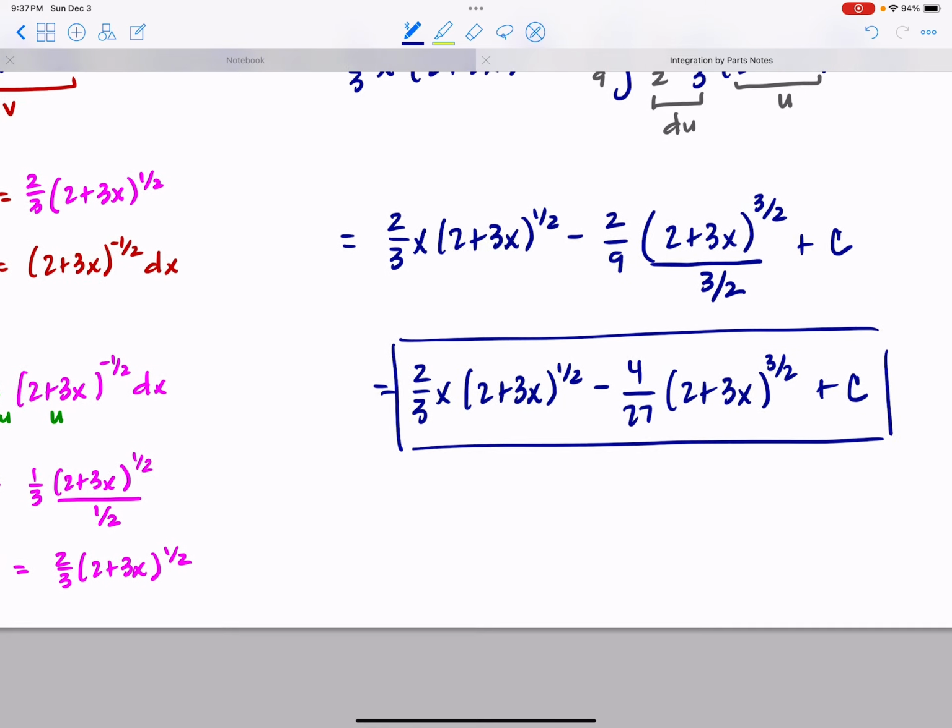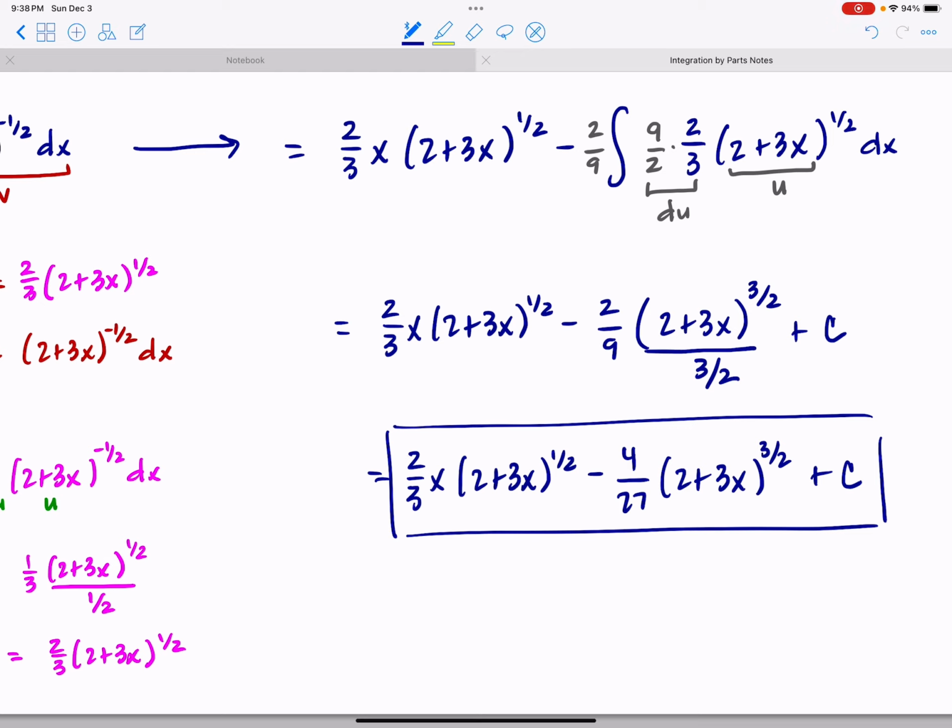The only other way I might consider putting this answer is in radical form, since our problem started with radicals. So you could also say 2/3 x times the square root of 2 plus 3x here, and then 4/27 times the square root of 2 plus 3x cubed would be here, and then a plus c.